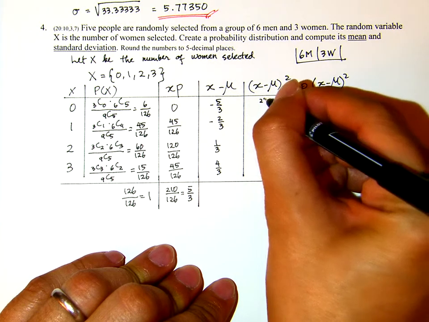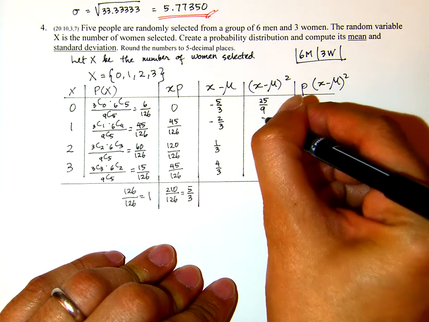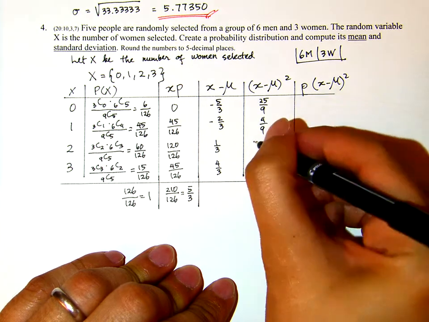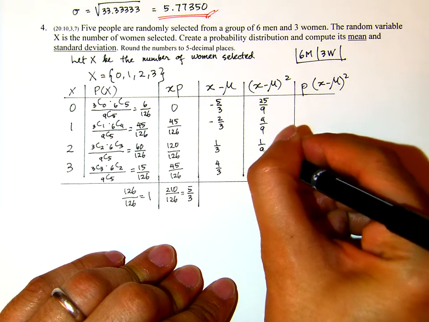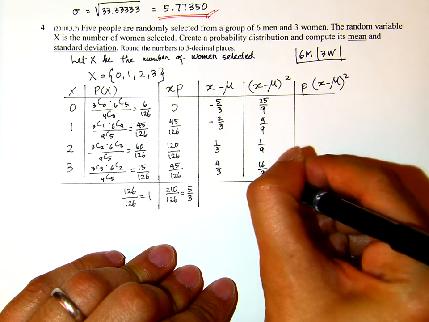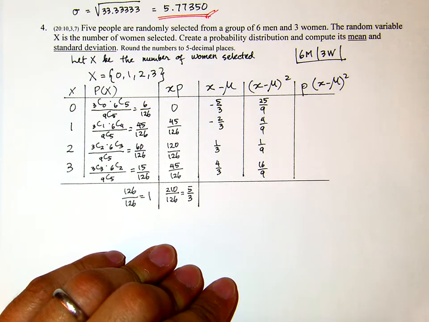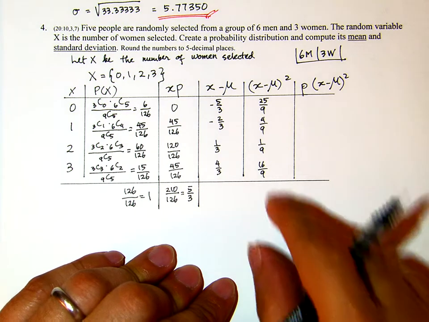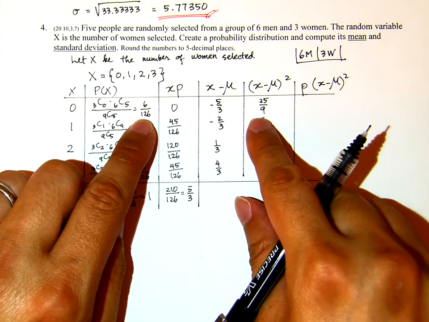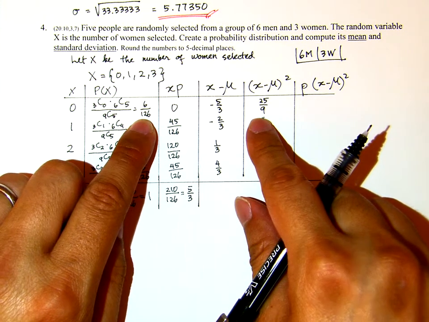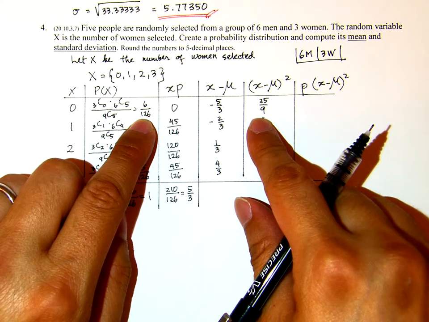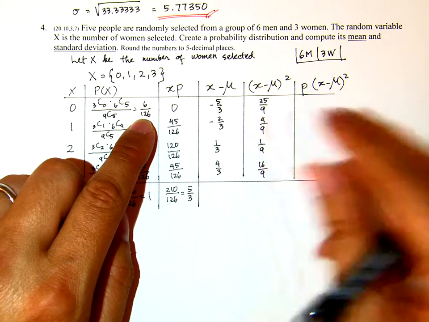We square that. This is 25 over 9, 4 over 9, this is 1 over 9, and 16 over 9. Okay, and then I multiply by the corresponding probability. Okay, if I multiply by the corresponding probability, what will that be?